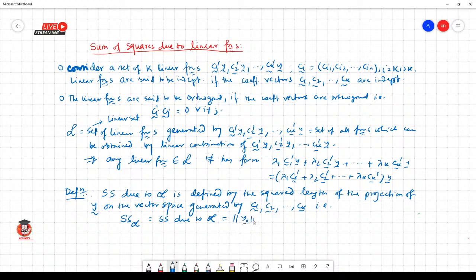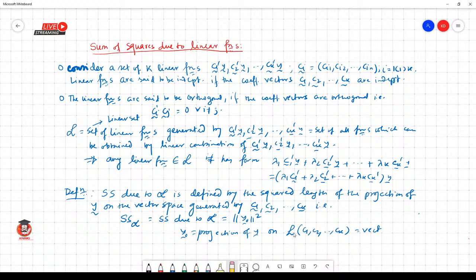the norm of y naught squared, where y naught is the projection of y curl on script tail C1, C2, ..., Ck, that is the vector space.